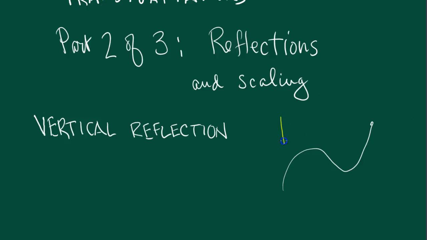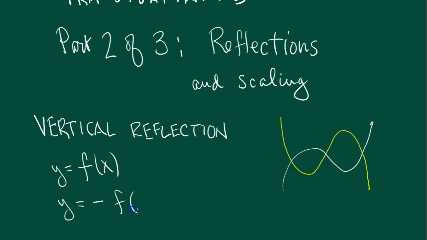Well, in order to produce that effect, if we start with y is equal to f of x, then if I multiply the entire thing by -1, I will be able to turn it upside down.